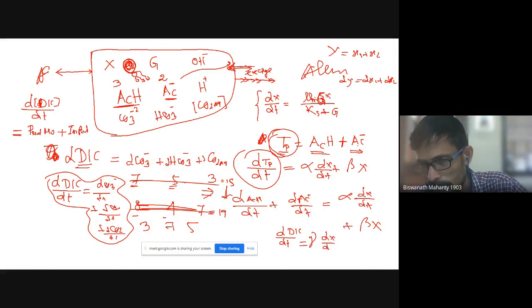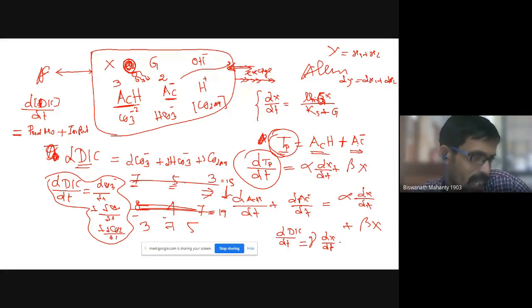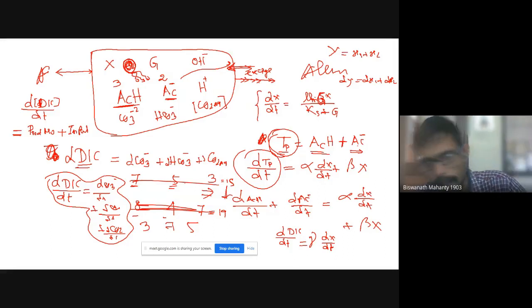So the carbon dioxide production rate due to microbial growth is somehow proportional. Or you can say glucose consumption rate also: more glucose consumed means more carbon produced. But I am assuming growth rate. So carbon dioxide production because of microbial respiration is proportional to the growth rate. The proportionality constant I am putting is gamma. So this is the first part.